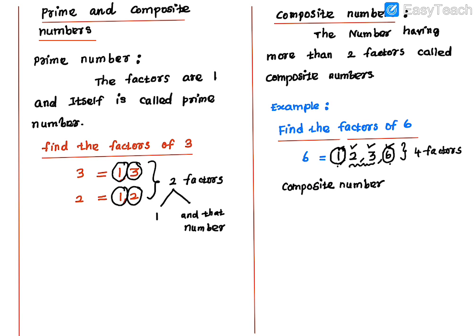Okay, so I will write here: find the factors of 9. Okay, find the factors of 9. So this is the example. So just find, students, whether it's a composite number or a prime number.